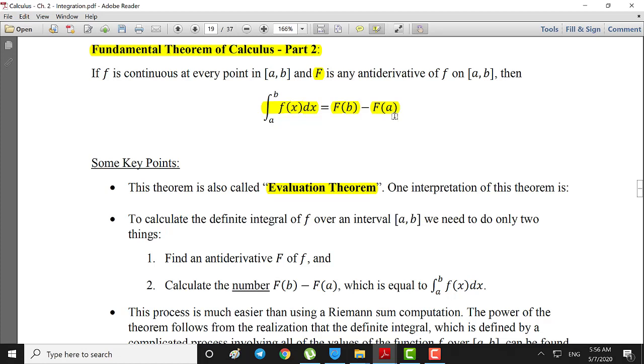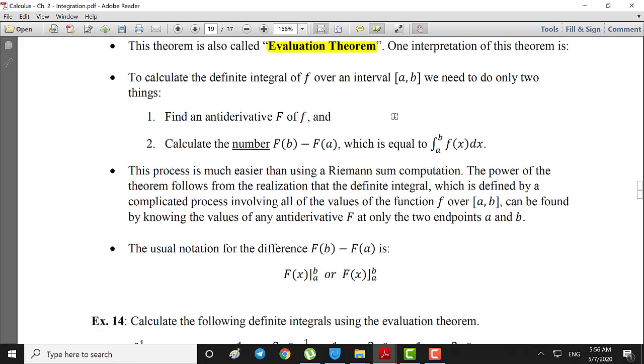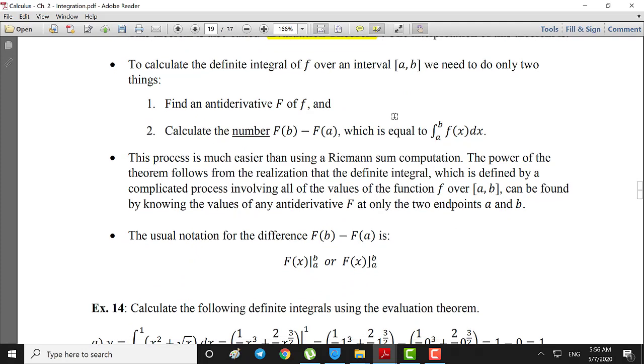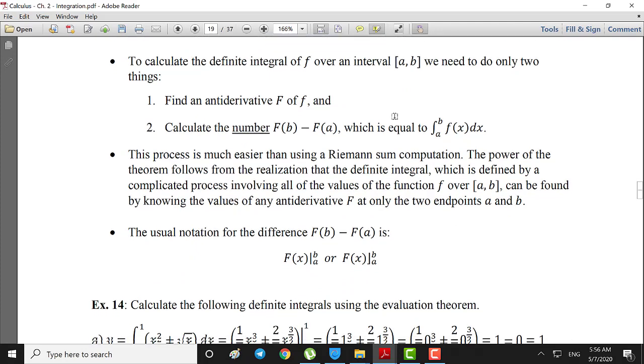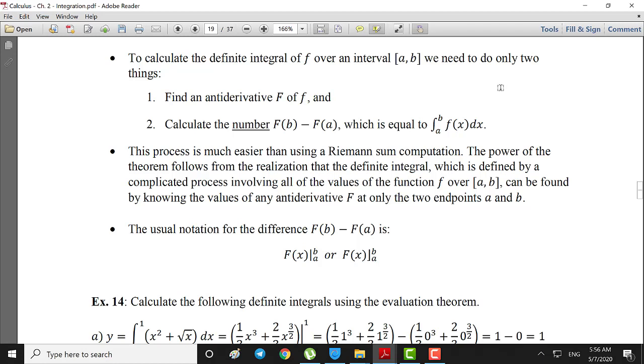Now, to calculate the definite integral of f over an interval from a to b, we need to do only two things.